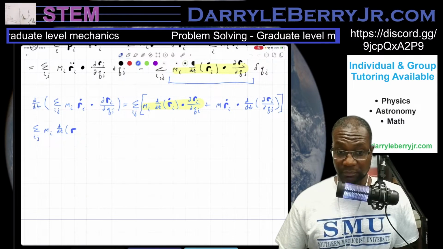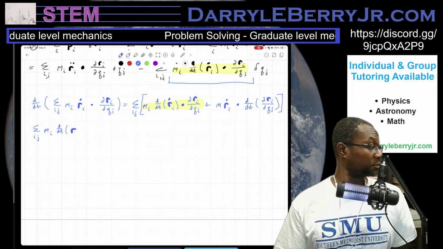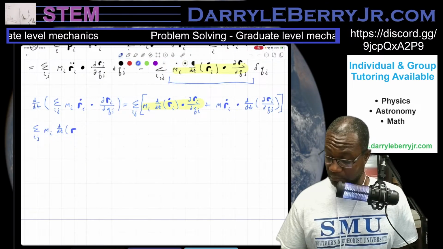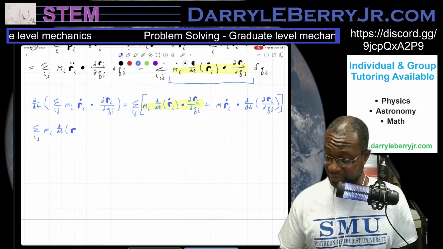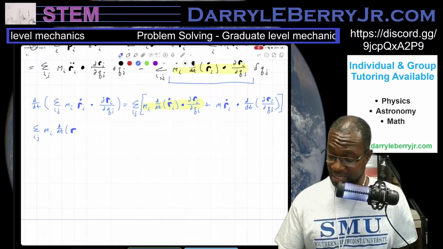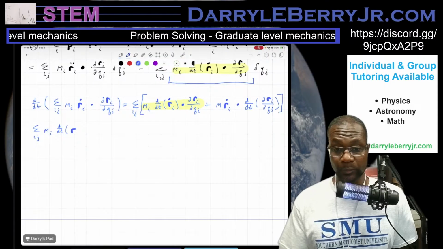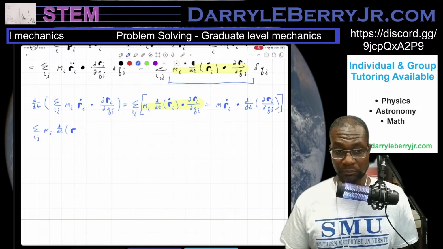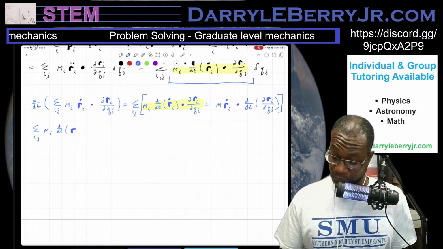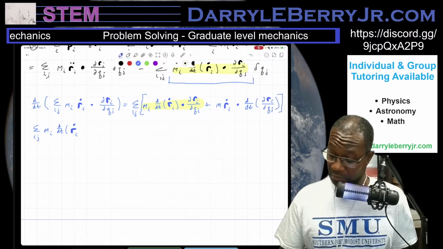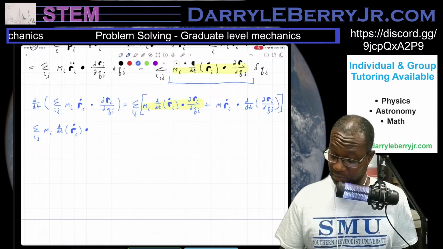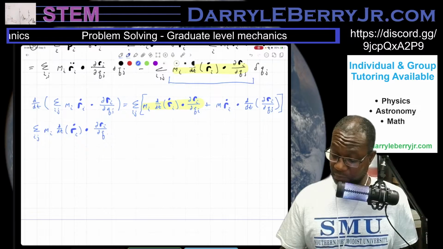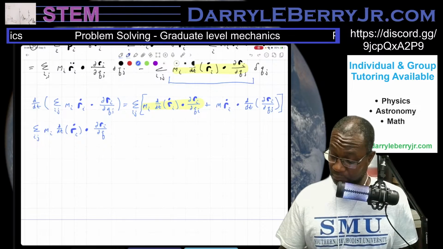So we have r. Right now I'm solving for this by subtracting this to the other side, r dot i dot producted with ∂r_i/∂q_j.